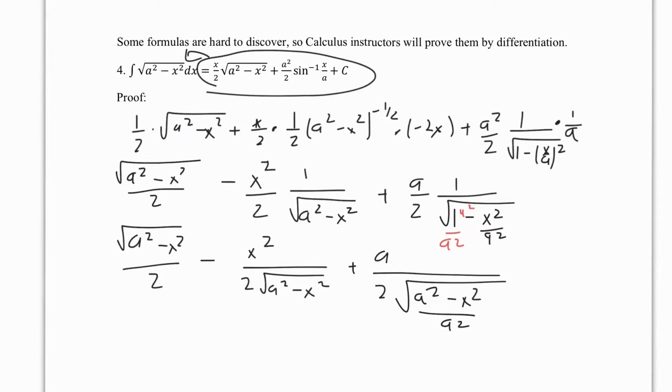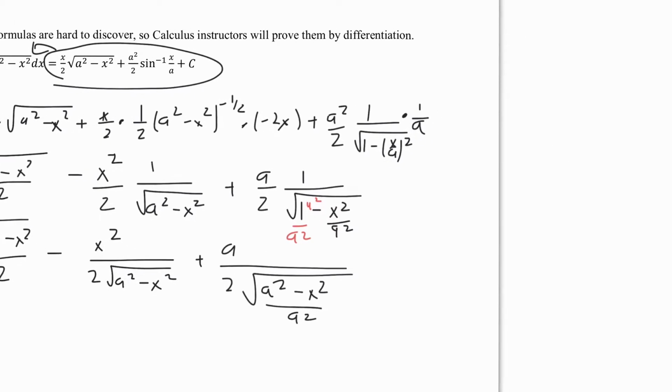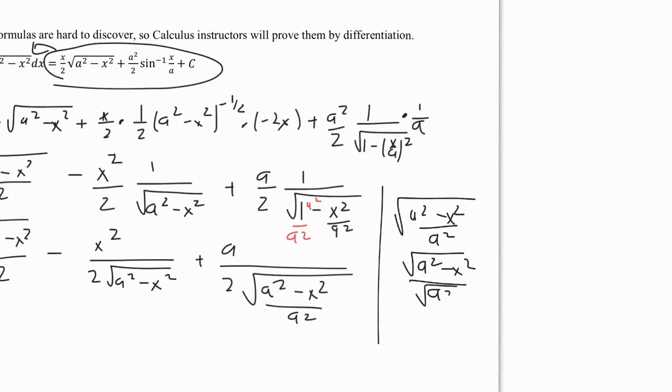Now, we should probably do this on the side a little bit here. If I've got the square root of a squared minus x squared over a squared, I can make that square root a squared minus x squared over square root a squared, which would be square root a squared minus x squared over a, assuming, of course, a is positive.